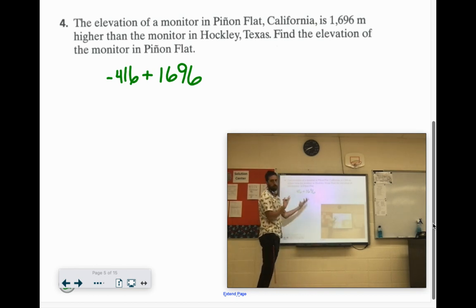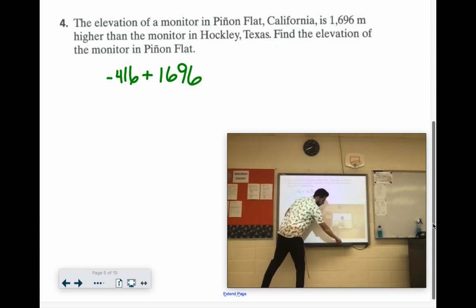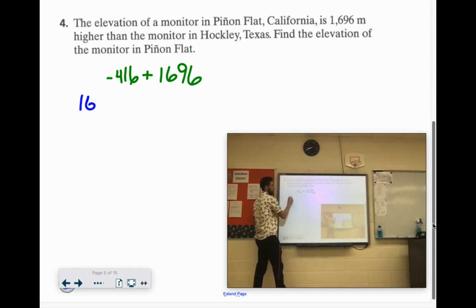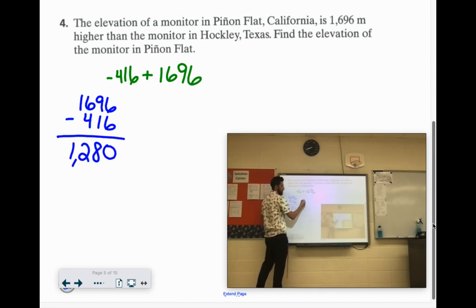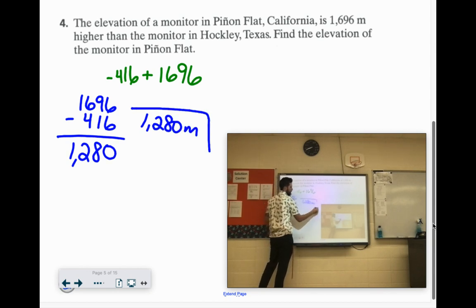Again, you have one of each, so we're going to subtract them and keep the bigger sign. Our bigger number was positive, so our end result will be a positive version of whatever we get. 6 minus 6 is 0, 9 minus 1 is 8, 6 minus 4 is 2, and we have that left over 1. So 1,280 meters.